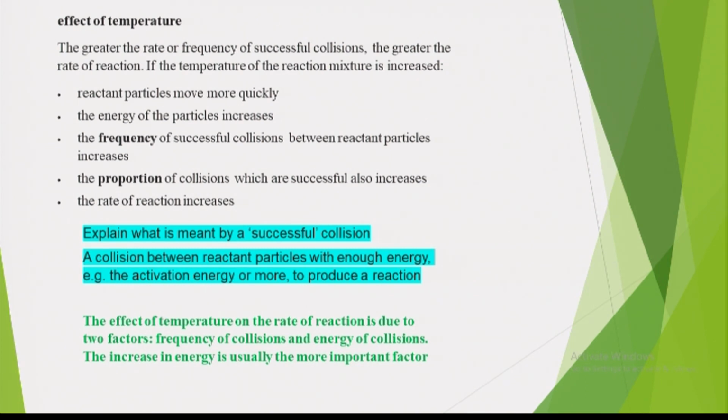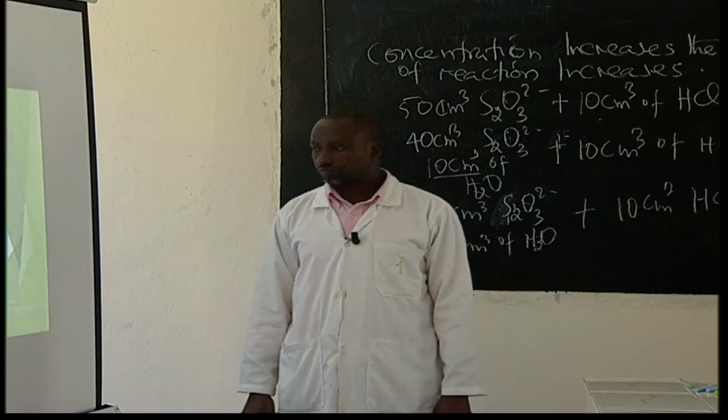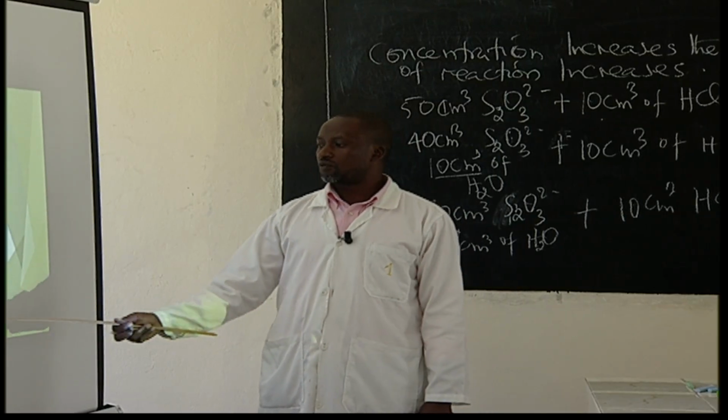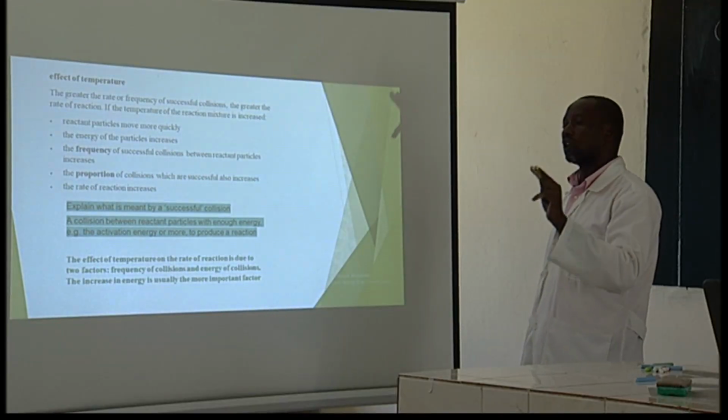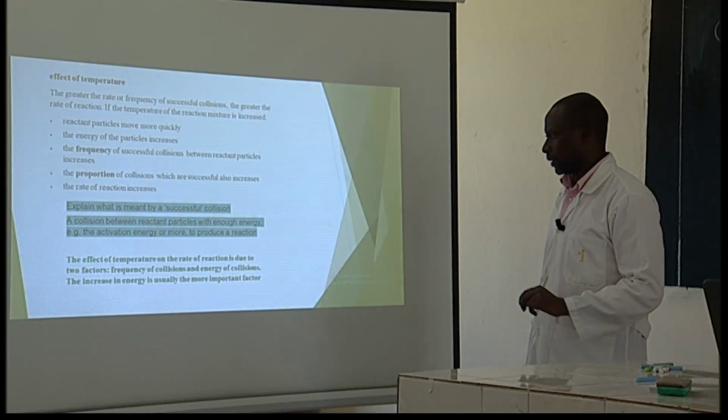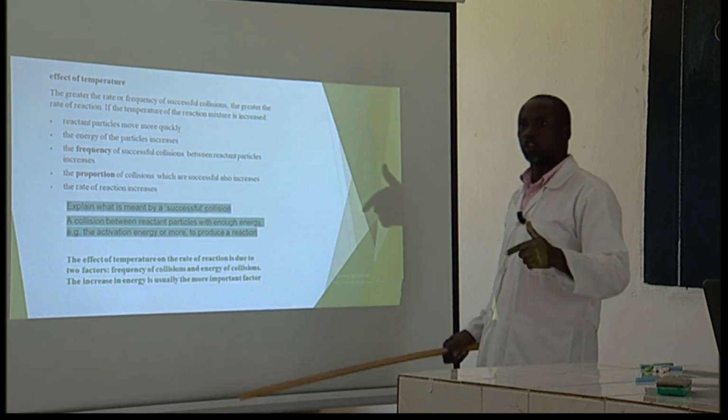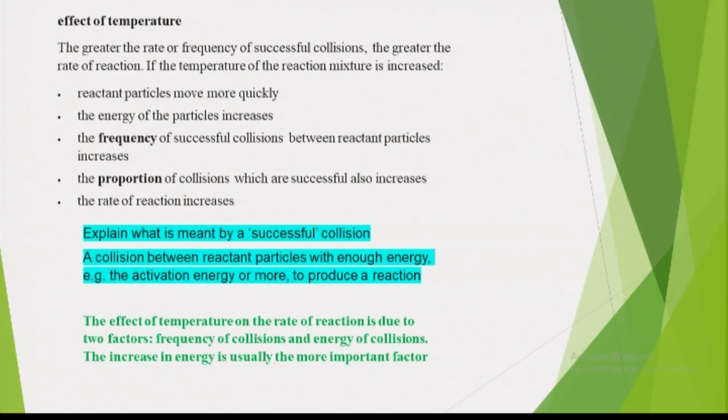The effect of temperature on the rate of reaction is due to two factors: the frequency of collisions and the energy of collisions. Those are two important points to remember when we are talking about the effect of temperature. The energy of collisions, we have said, is the activation energy.